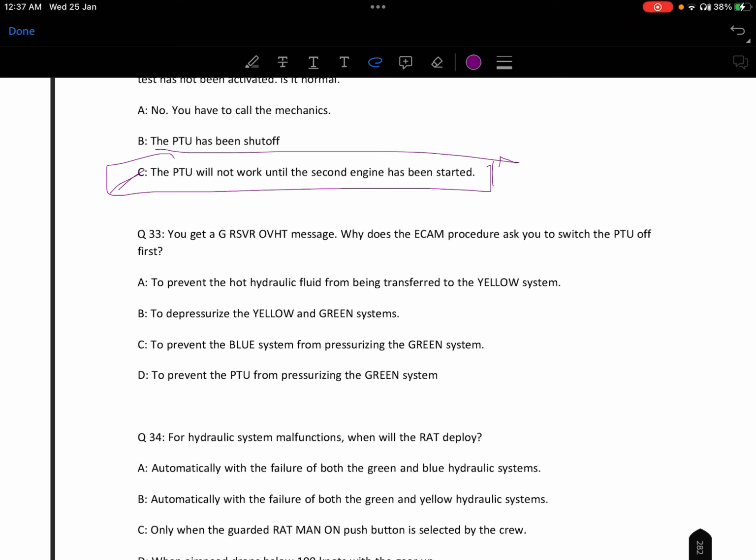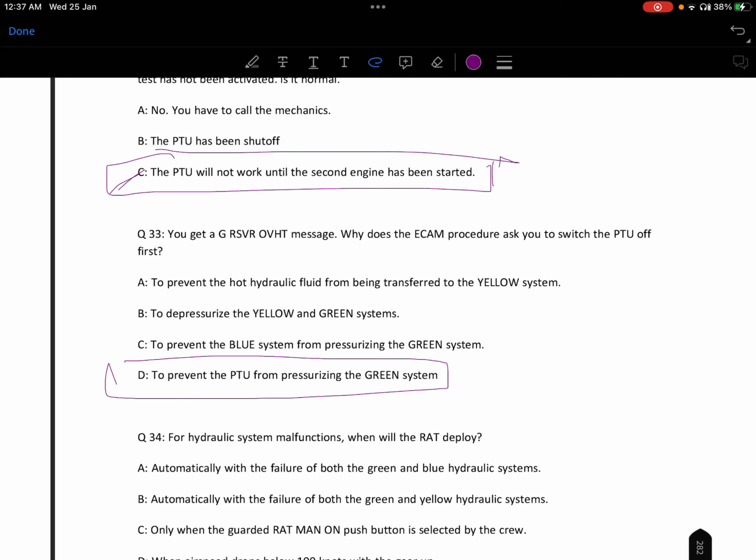Okay, so there is some problem in green system. If you will not switch off the PTU, then PTU will try to pressurize the green system with the help of yellow. It will think that now something is wrong with green, and a green system reservoir overheat is already there, the reservoir is overheated, fluid is overheated.